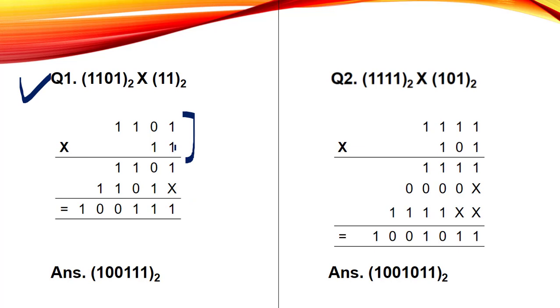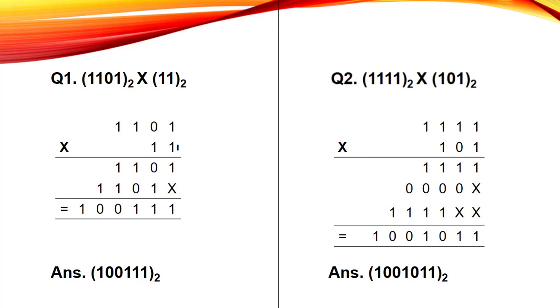Fine. First we are multiplying this 1101 with this 1. Well, just keep one thing in mind, that this binary multiplication is the same as normal mathematical multiplication. Fine. So when you multiply this 1101 with the 1, the result will be 1101. Fine.